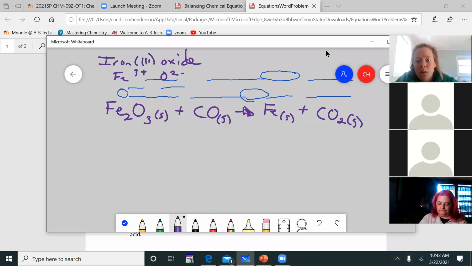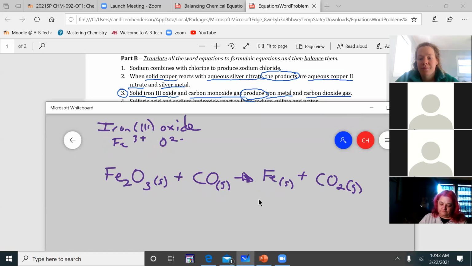Okay. So this is the first step. Now we can go ahead and balance. I've got iron, I've got oxygen, and I've got carbon. 2 of these, 1 here, 4 oxygens, 2 oxygens over there, 1 carbon, and 1 carbon.